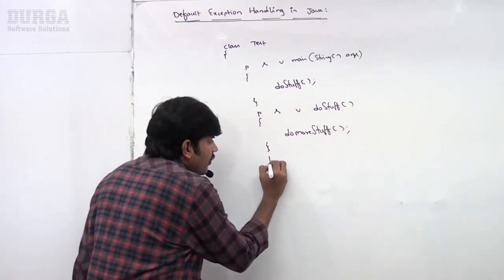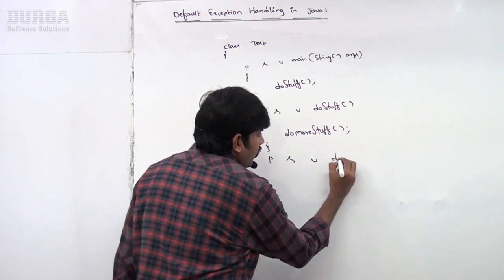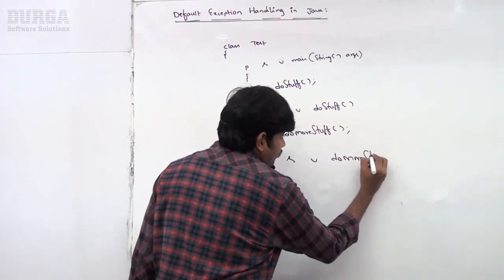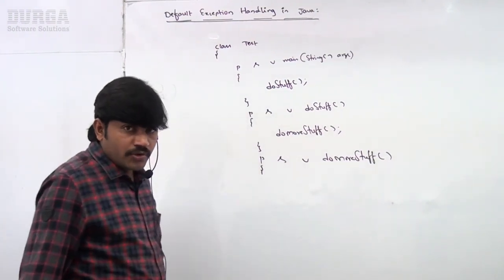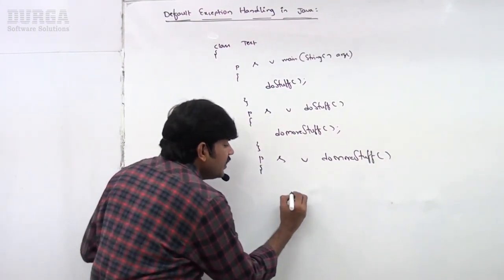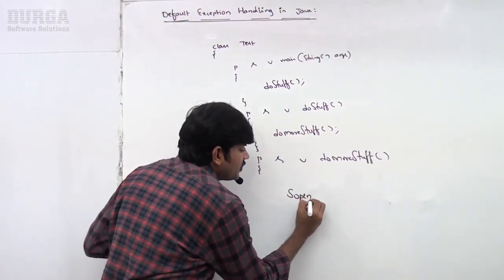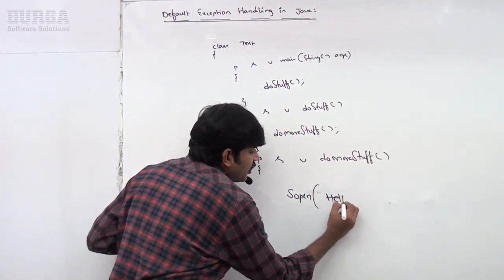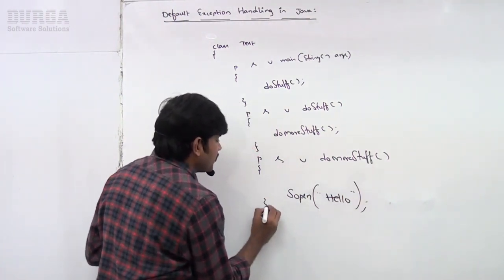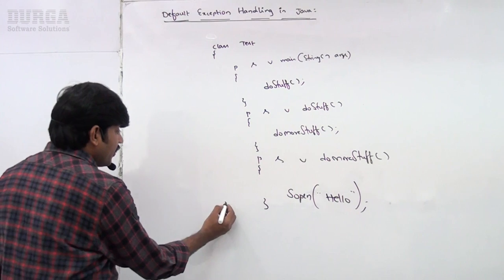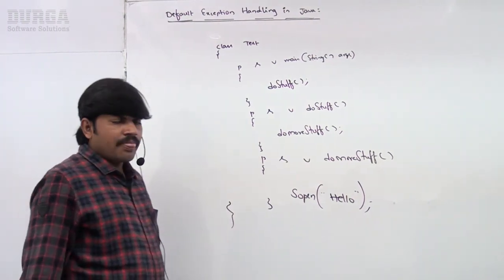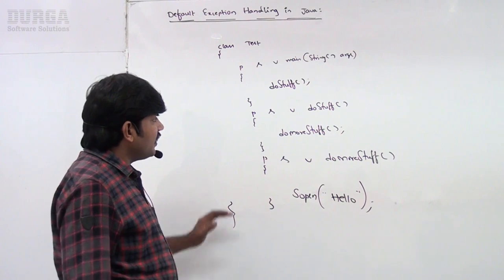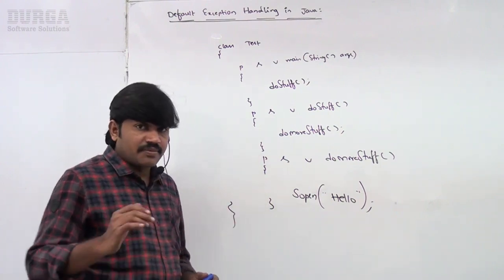Next, public static void doMoreStuff. Here I am taking System.out.println("Hello"). Listen very carefully about this code. I hope you may already be aware of this terminology.